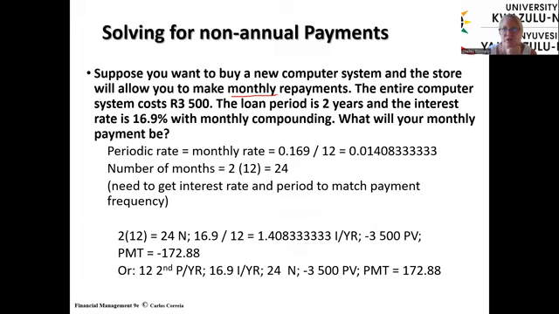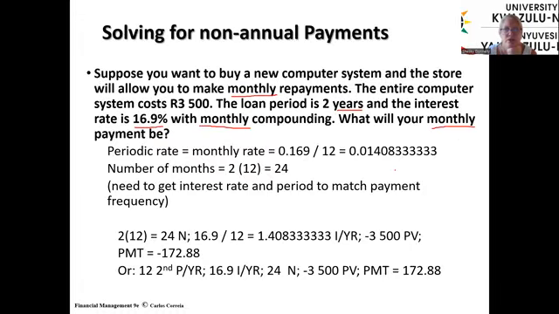Remember, everything hinges off the payments, the payment frequency. So they're monthly. The loan period is 2 years, so we're going to have to convert that into months by multiplying by 12. The interest rate is 16.9%. Thank goodness with monthly compounding, so we can work with that. And the question is, what will your monthly payments be?